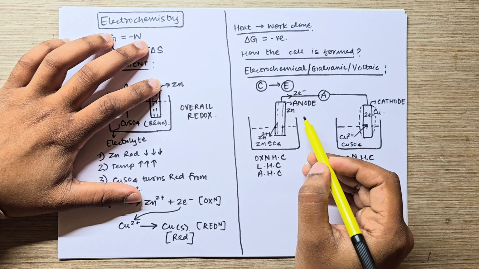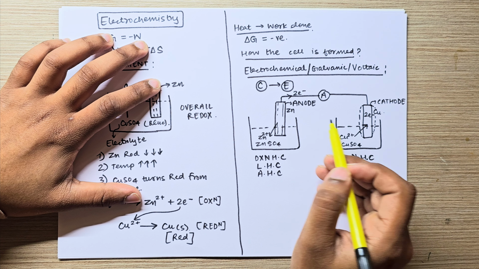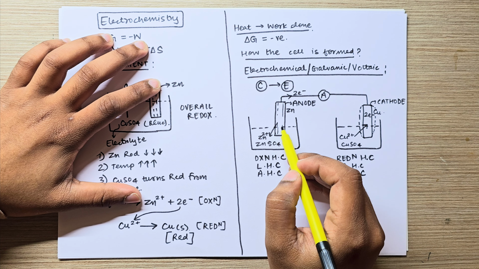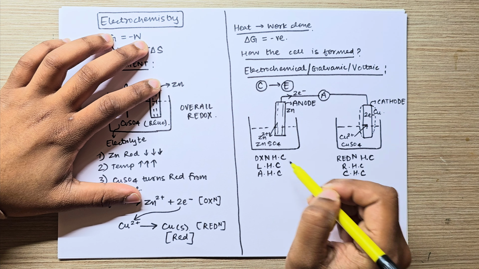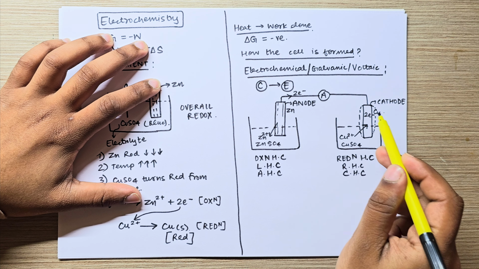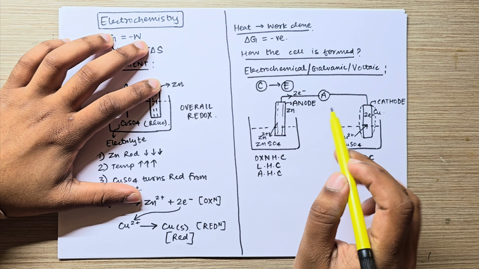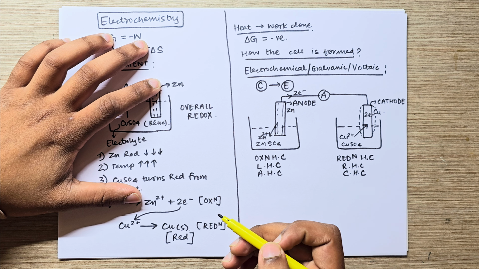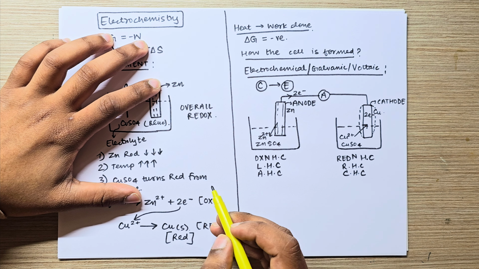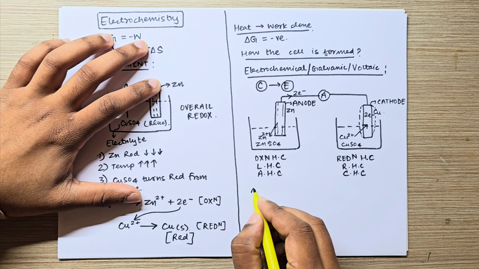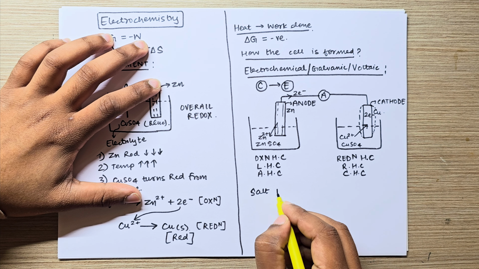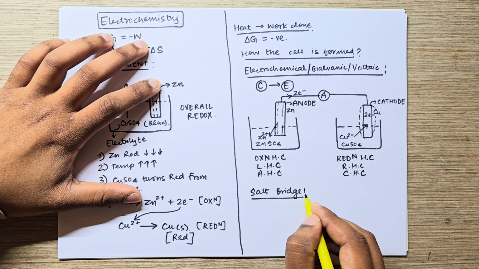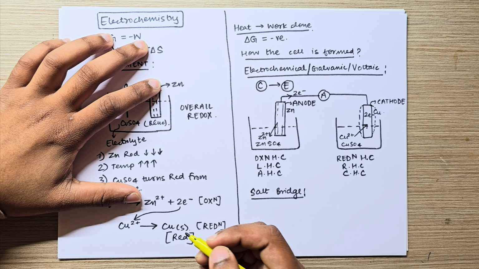Now after some time you will see this zinc becomes too thin and becomes zero. So according to this, the circuit will not be complete, and after some time the cell will stop. To maintain this situation, a salt bridge is taken. Now what is a salt bridge?